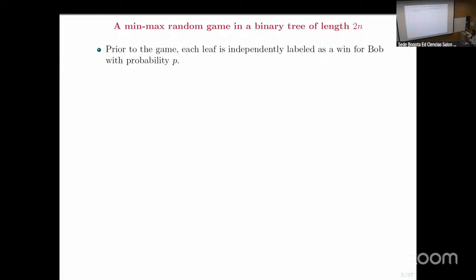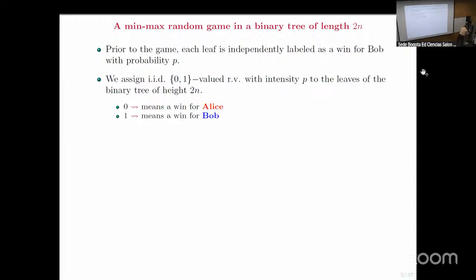Okay, so I'm going to denote by this P the probability that the leaf is a 1, and this is the probability that Bob is winning for that leaf.